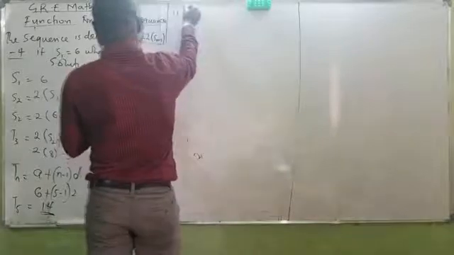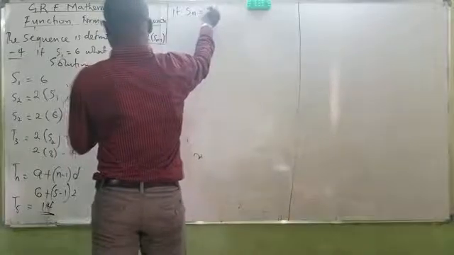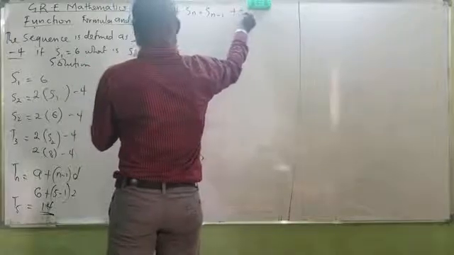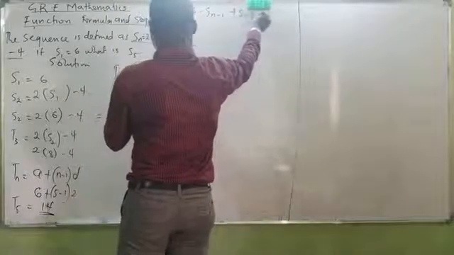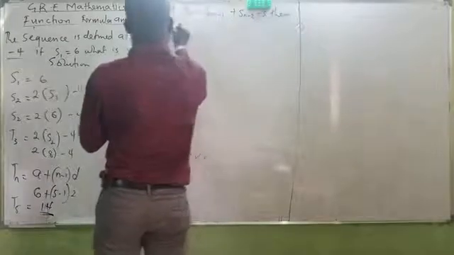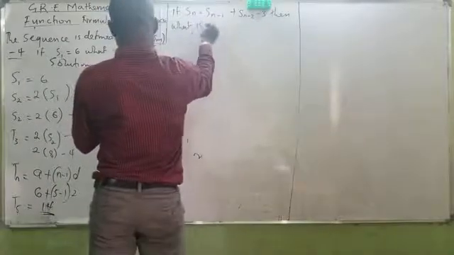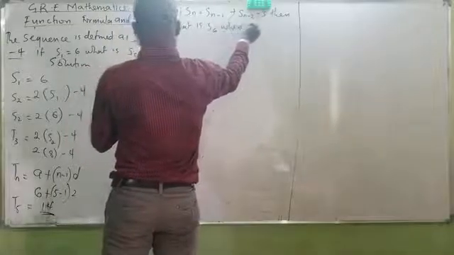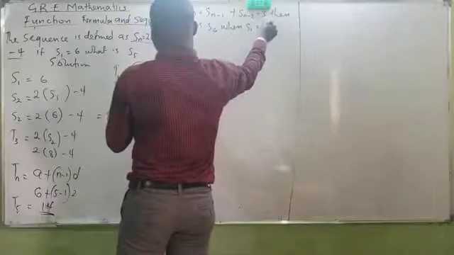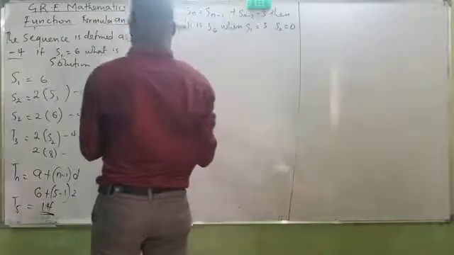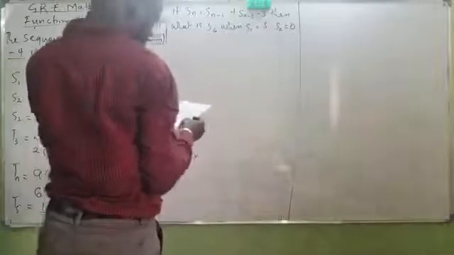If S of n equals S of n minus 1 plus S of n minus 2 minus 3, then what is S6 when S1 equals 5 and S2 equals 0?